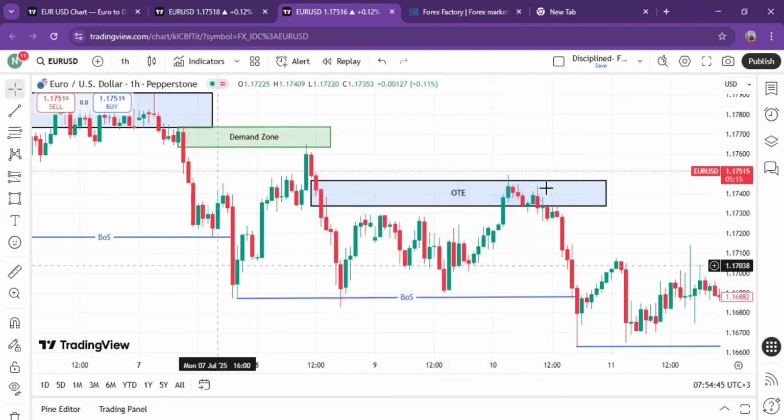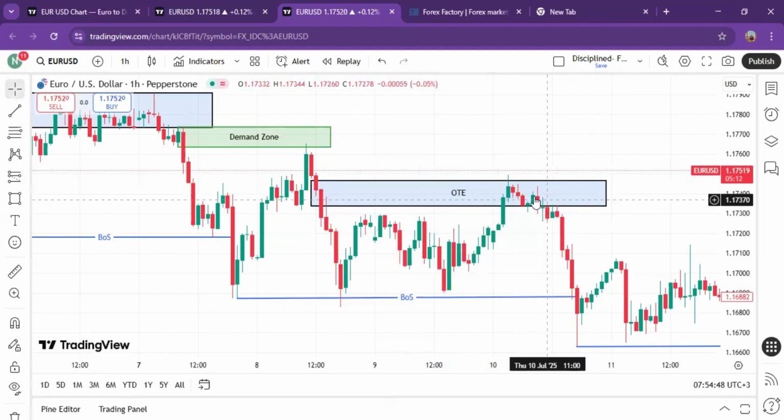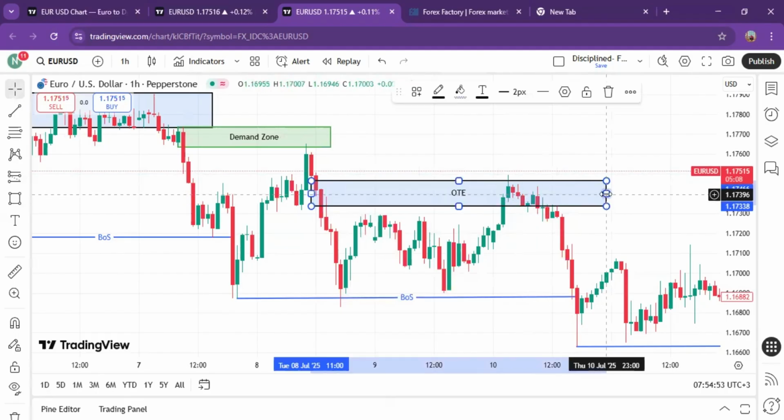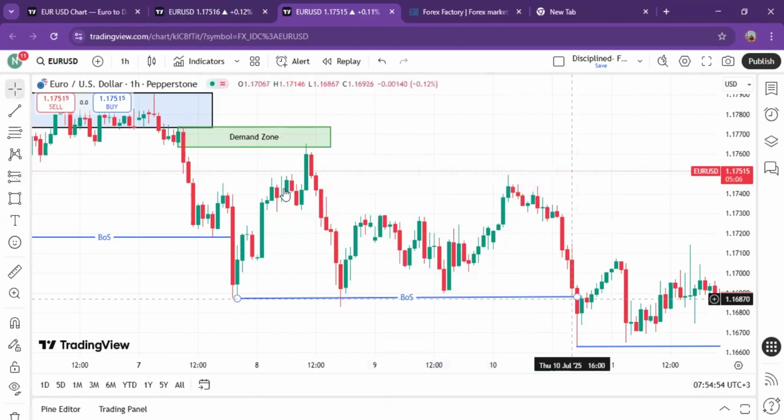Then you can set your trade at the 50% level of the OTE, and target the low to be taken out.